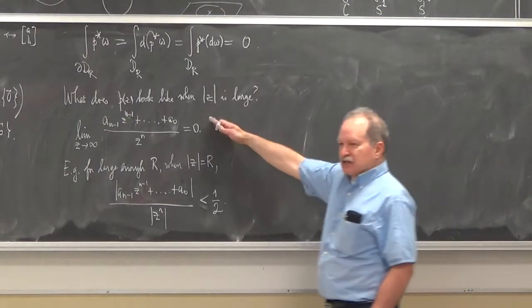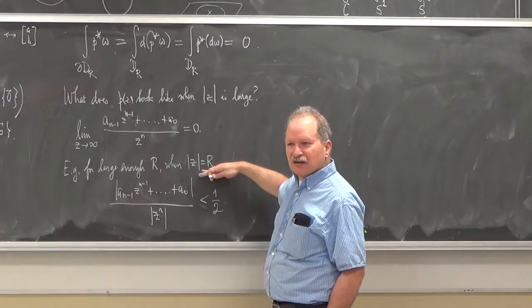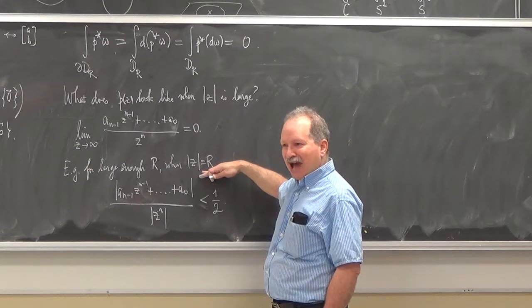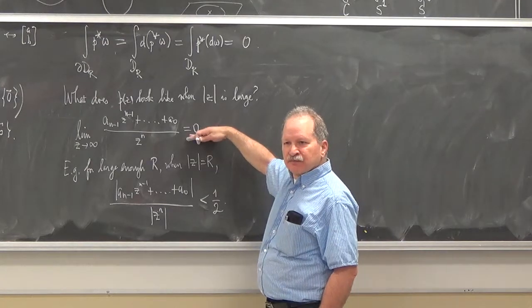Right? That's just limit being 0. So for large enough r's, I'm within epsilon equals a half of the limit. Okay?